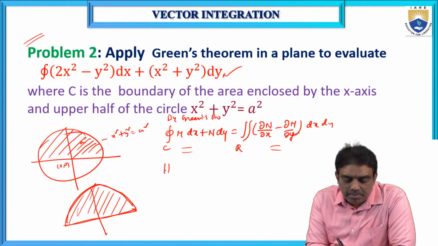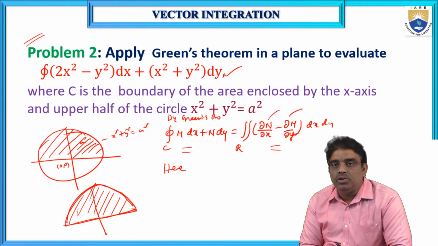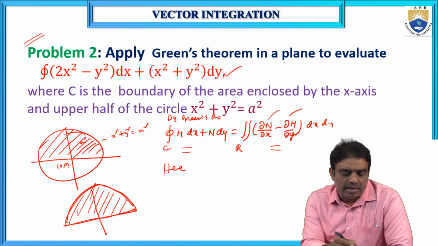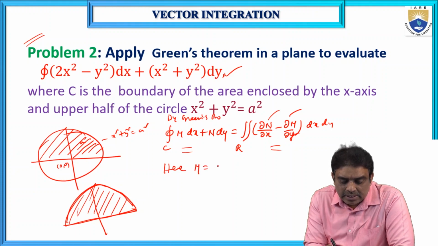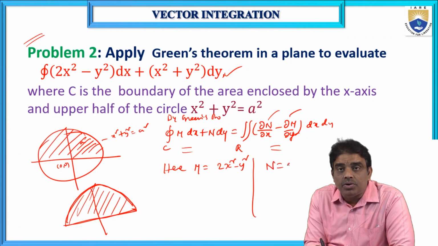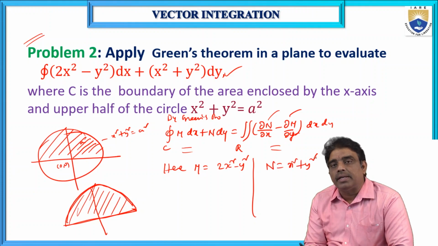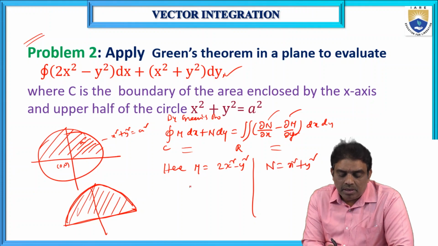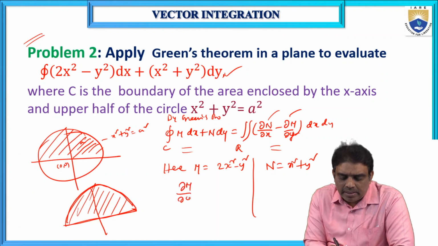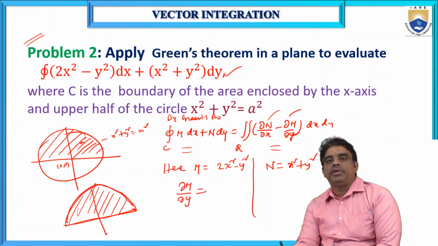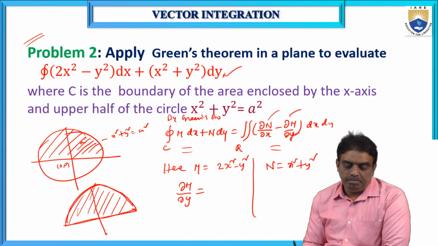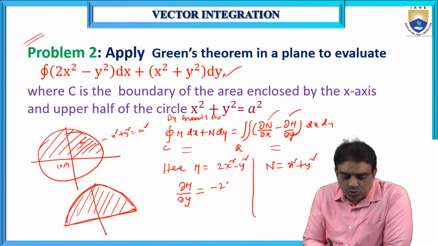So here what is M? First you need to find these two values, dou M by dou x and dou M by dou y. Here M is 2x square minus y square, and N is x square plus y square. Then what is dou M by dou y? The partial derivative of M with respect to y is minus 2y only.